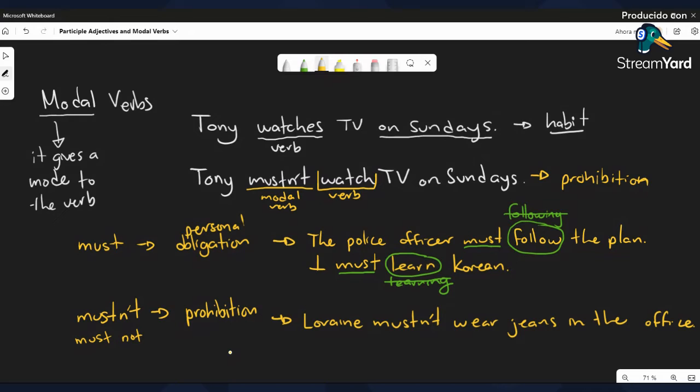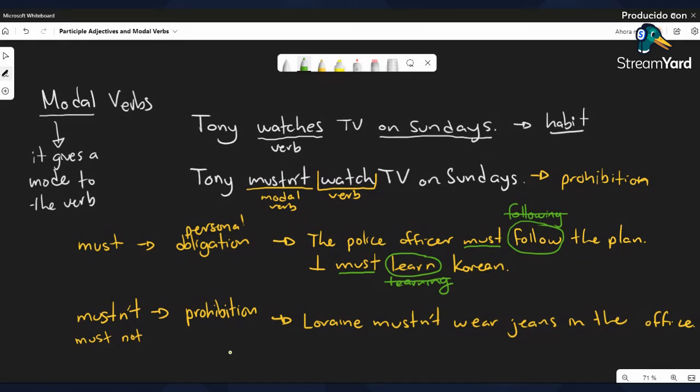Yes, there is a rule for that. It's prohibited to wear jeans in the office. Why? Because she is actually working for a very, very important company. So Lorraine mustn't wear jeans, and the company has its rules. They have a code, right? They have a, how do you call it?